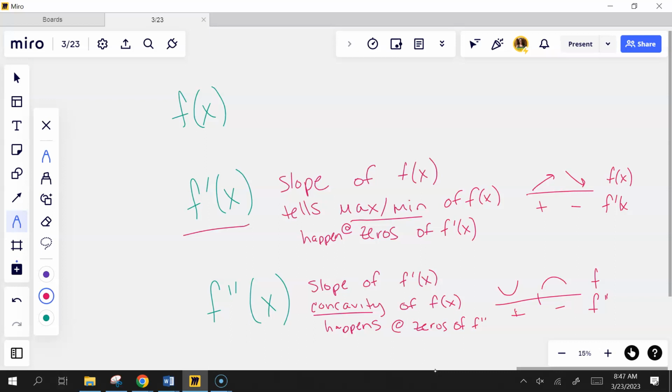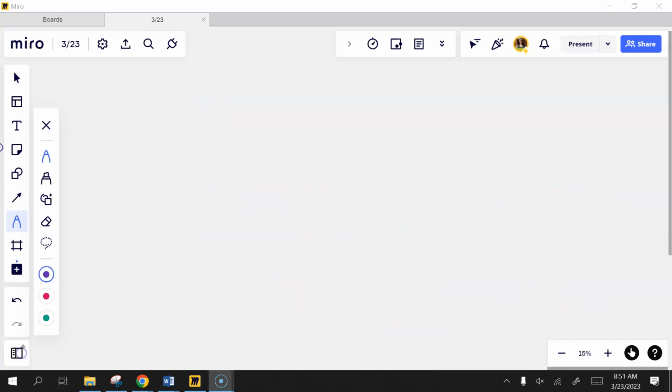But as you start really working with it, we're looking for maximums and minimums. So derivative of x would be 4x cubed minus 4x.